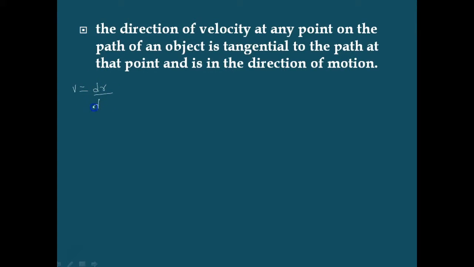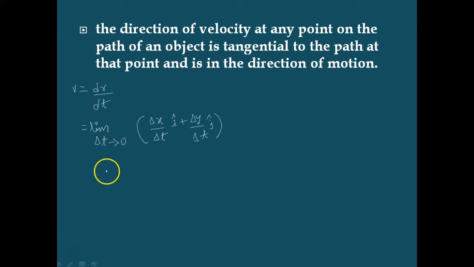The displacement over the time interval can be represented as the limit as delta t tends to 0 of delta r by delta t, which is delta x by delta t into i cap plus delta y by delta t into j cap.